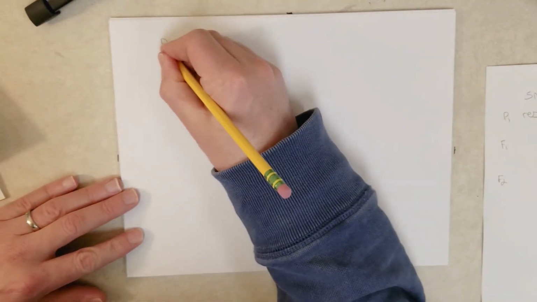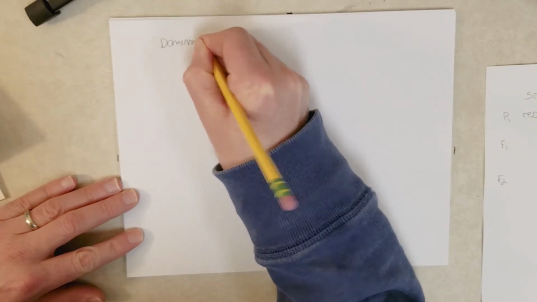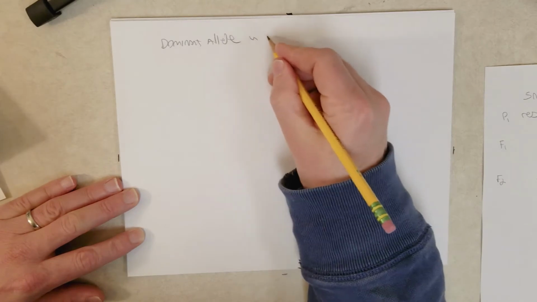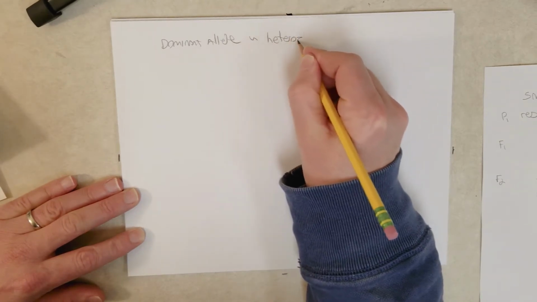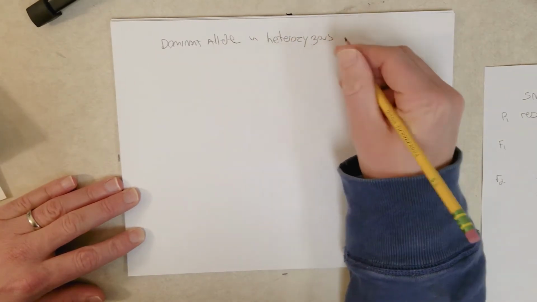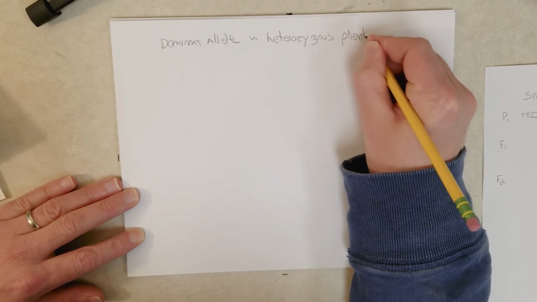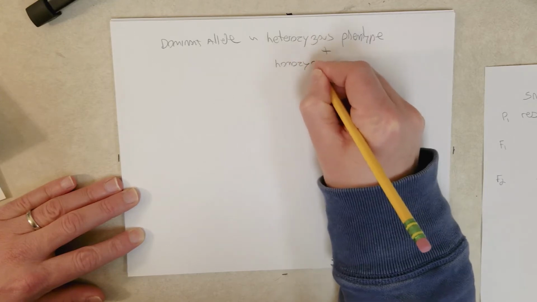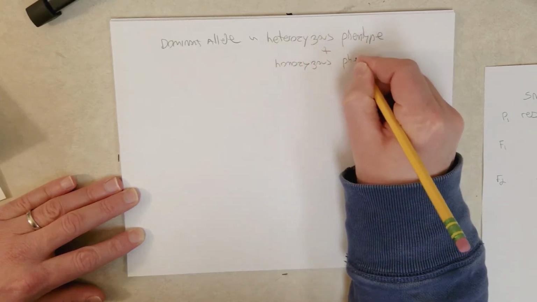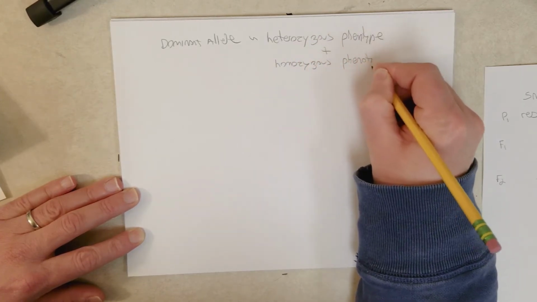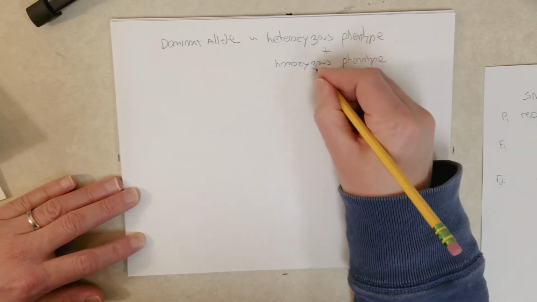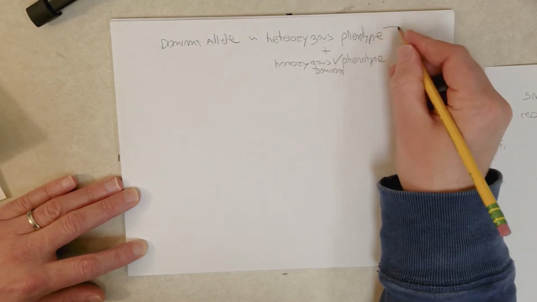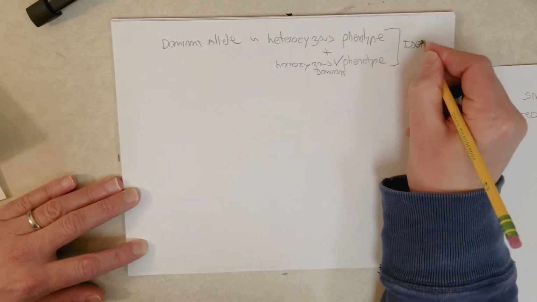A dominant allele is one that causes the heterozygous phenotype and homozygous dominant phenotype to be identical, right?